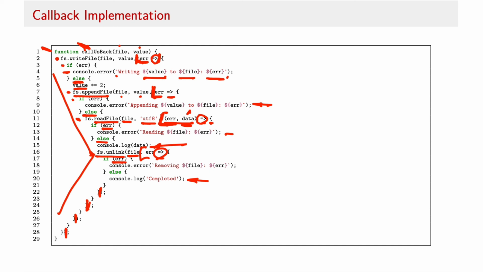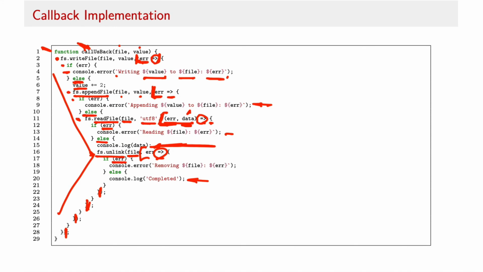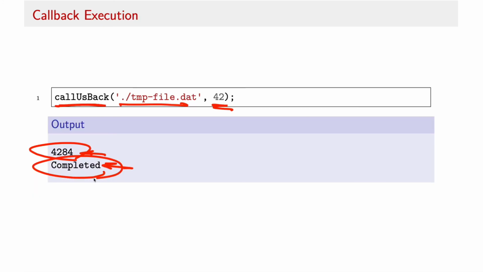When that succeeded, it appended twice 42, or 84, in the file. Then it read the contents of that file and finally printed out here in the console.log statement this first line of the output, 4284. After that, it went on and removed the file, and because that succeeded, it finally executed this statement, and we see completed showing up in the output.